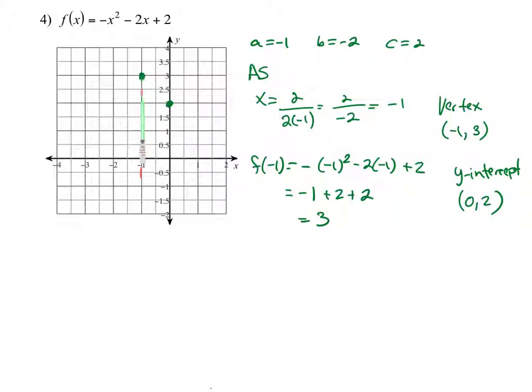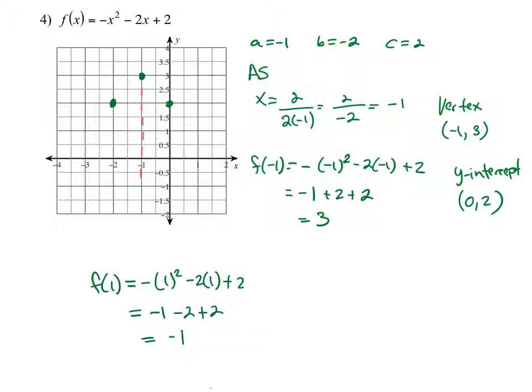So now I mark that one, 2 spaces to the right. So that means that I'm going to mark it 1 and 2 spaces to the left, right? Now I'm going to substitute 1. I'm going to find f of 1. So negative 1 squared minus 1 plus 2, so this is negative 1 minus 1 plus 2 equals 2.